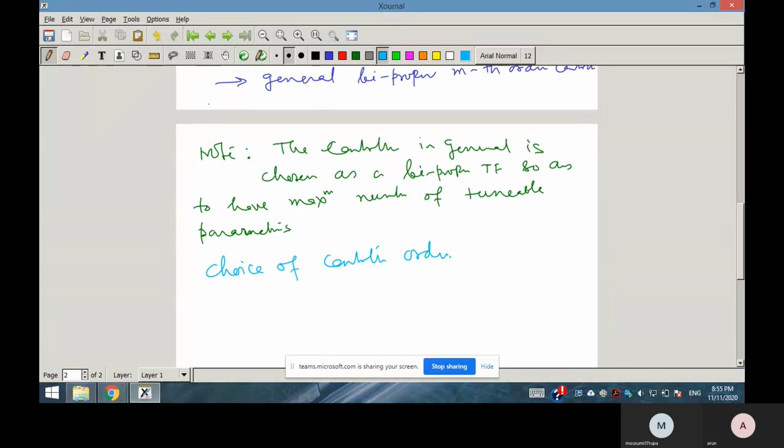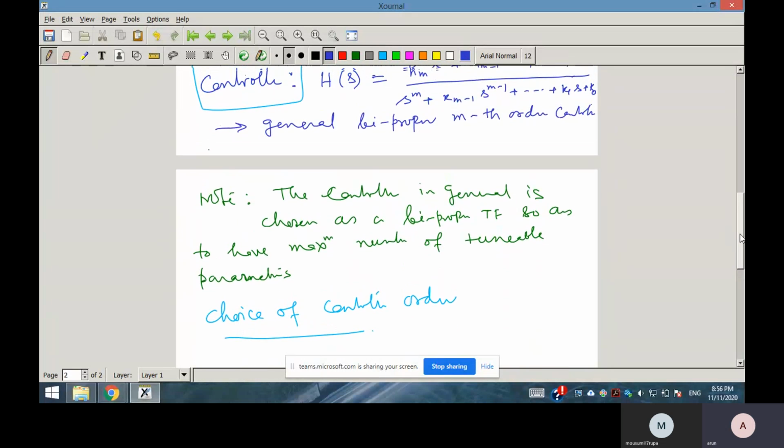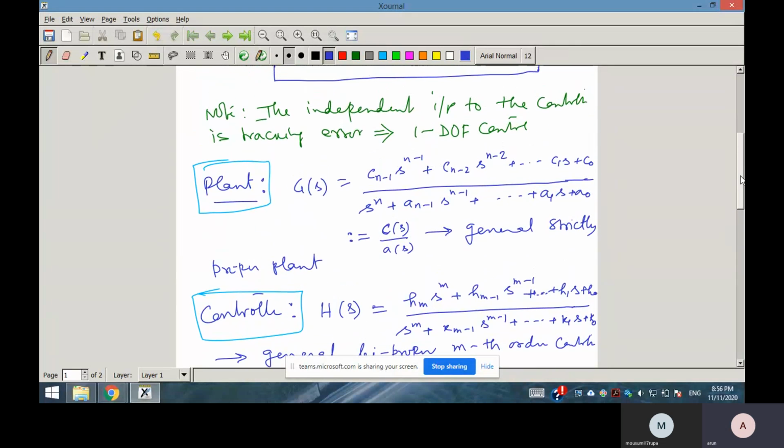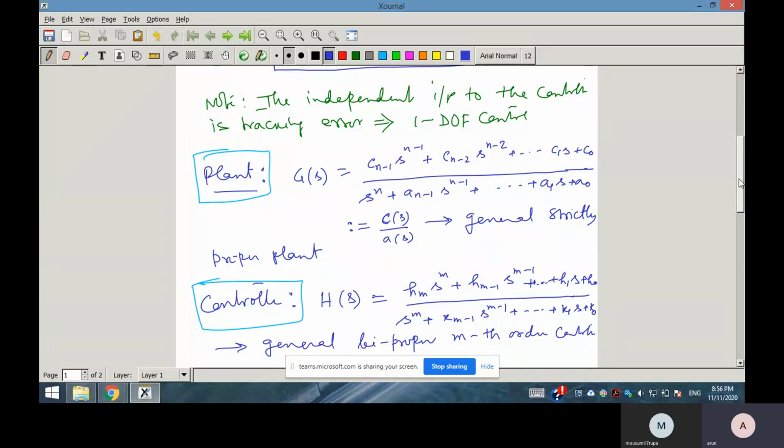How will we choose the controller order? Given a plant transfer function, what is the minimal controller order needed to have complete, arbitrary placement of all the closed loop poles?